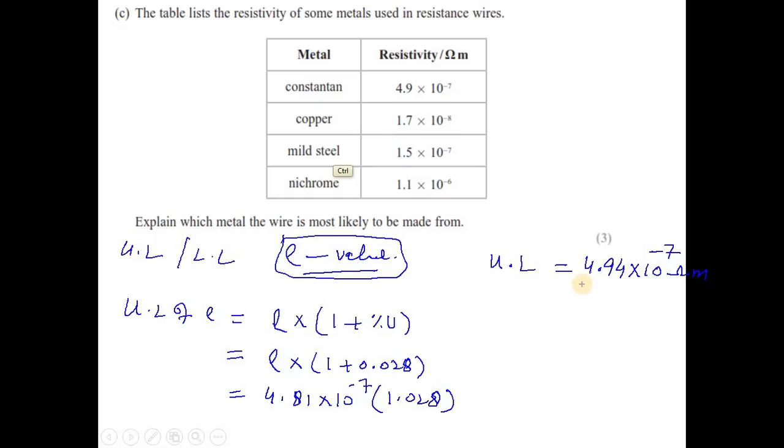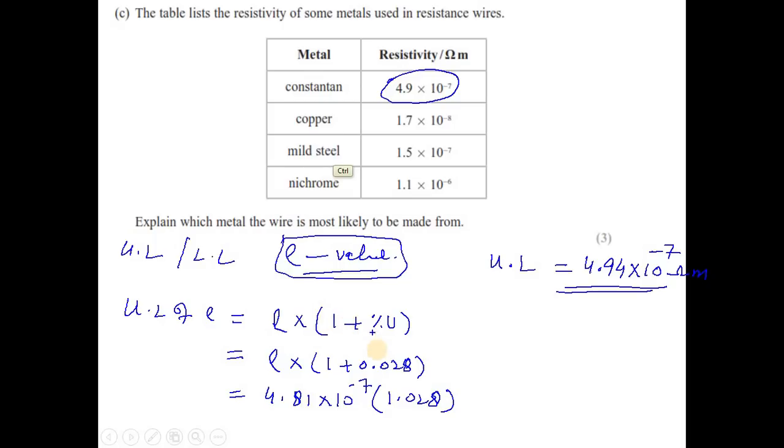Clearly, the resistivity of constantan wire, 4.9 times 10 to the power minus 7, falls within the upper limit of your calculated value. That means your wire is constantan wire.